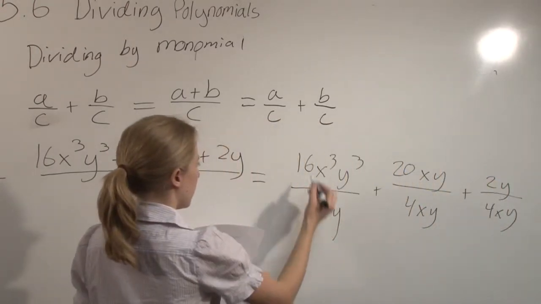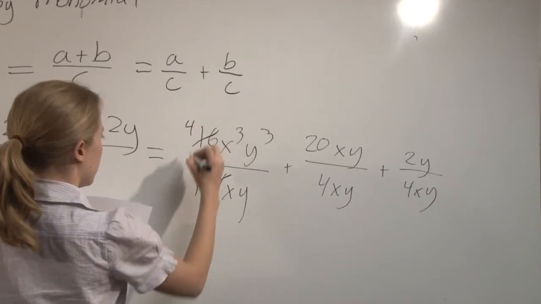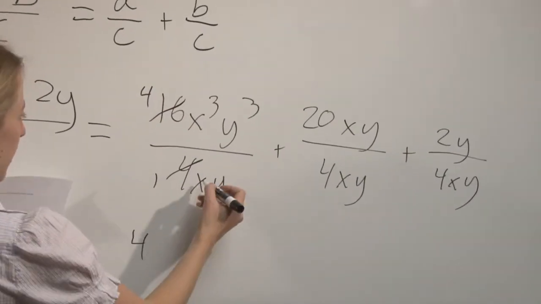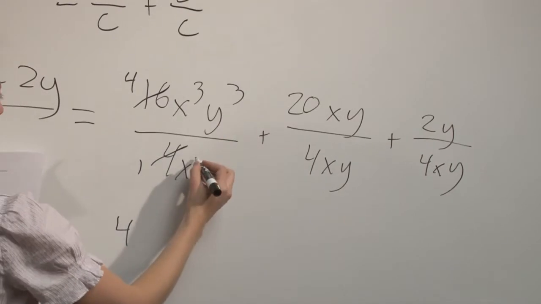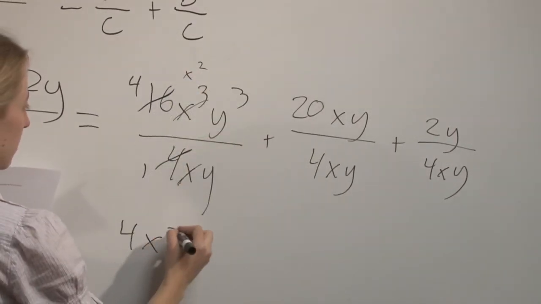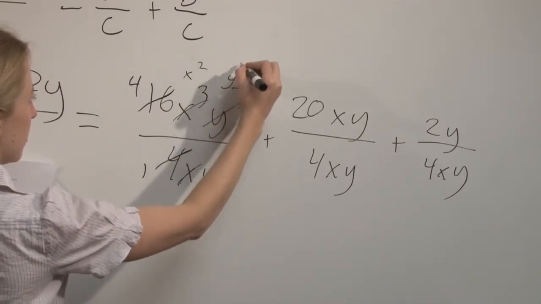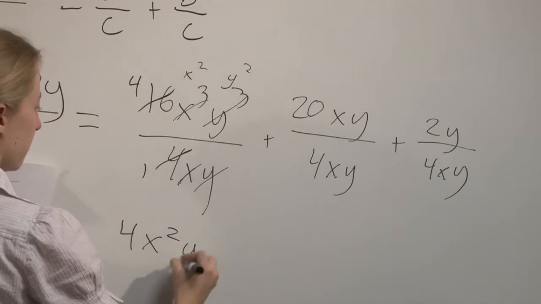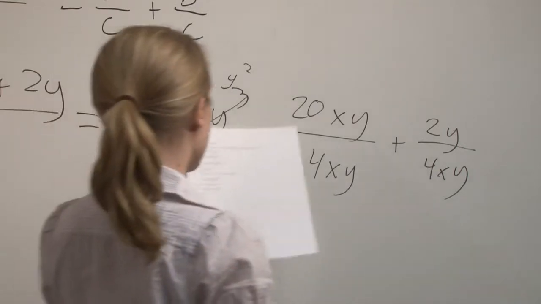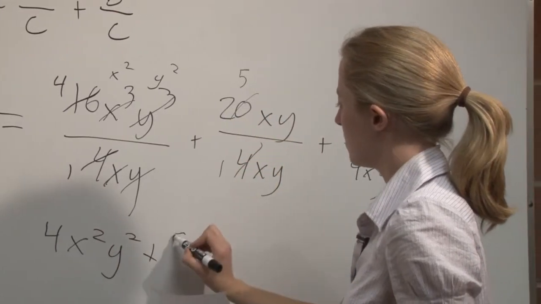I'm going to break it down into 3 fractions. So here I have 16 divided by 4, which is 4. And then x cubed divided by x is going to be x squared. And y divided by y cubed is going to be y squared. 20 divided by 4 is going to be 5.